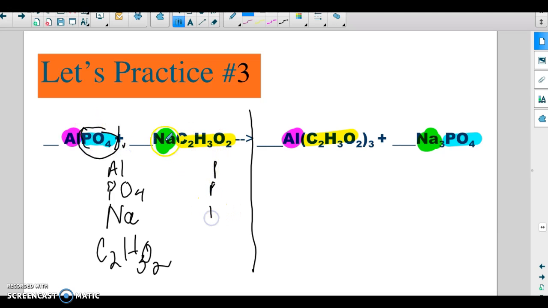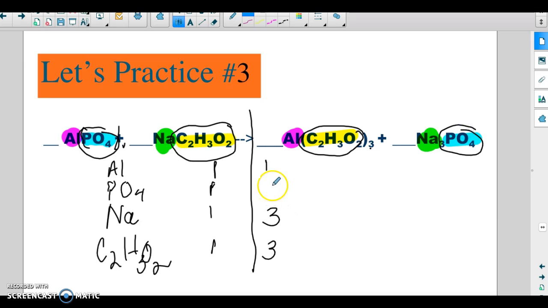I have one sodium, and I have one of these again, one acetate. When I come over here, I have one aluminum. I have 3 acetates because of this 3. So I'll go down here, 3 sodiums, and 1 phosphate.